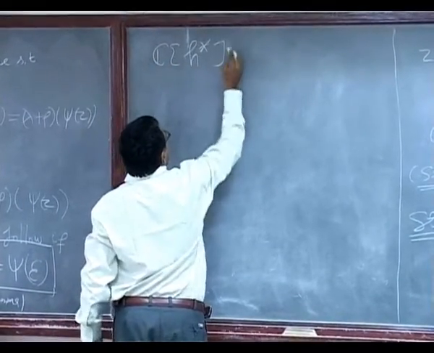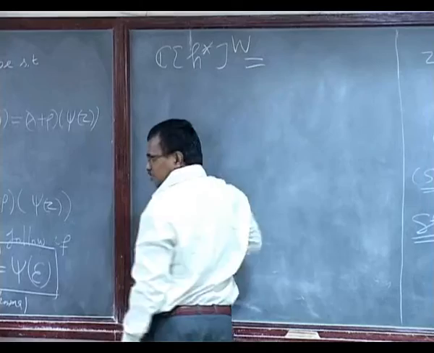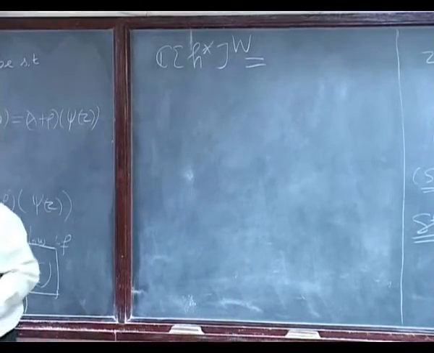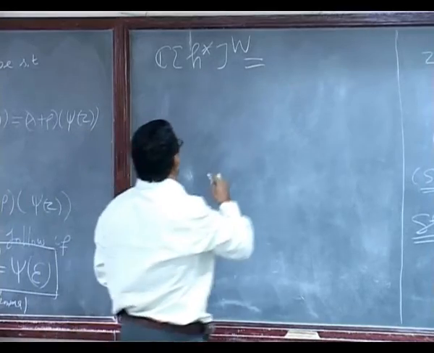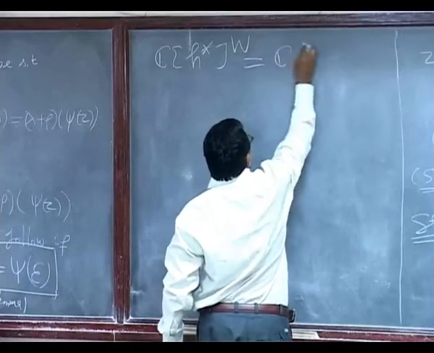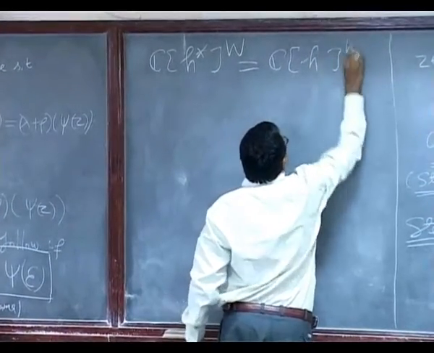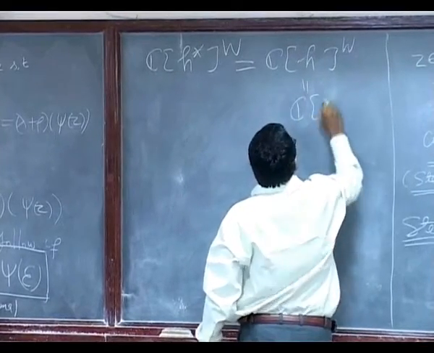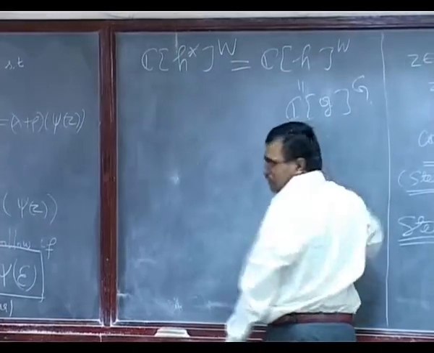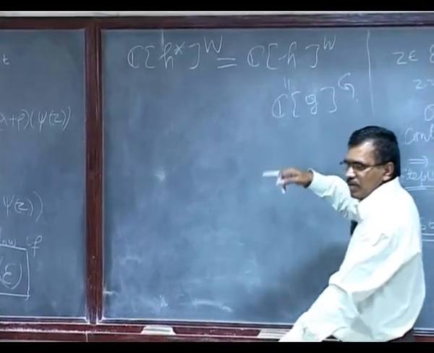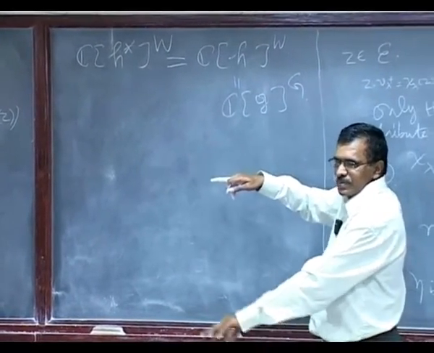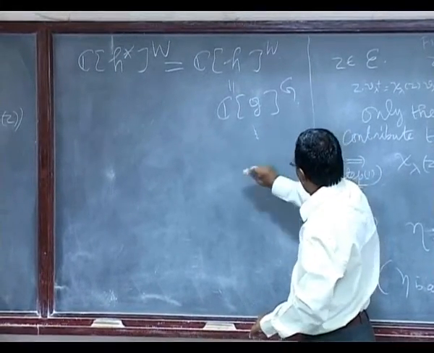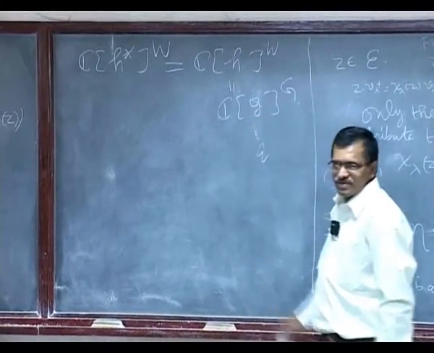The reason is because H is isomorphic to H star via the restriction of the Killing form, and as a W module also. So that is the same as that one. Same means isomorphic, but this is the same as C[G]^G. And then the G invariance of C[G] is epsilon. So except for that part, it is epsilon in that sense.